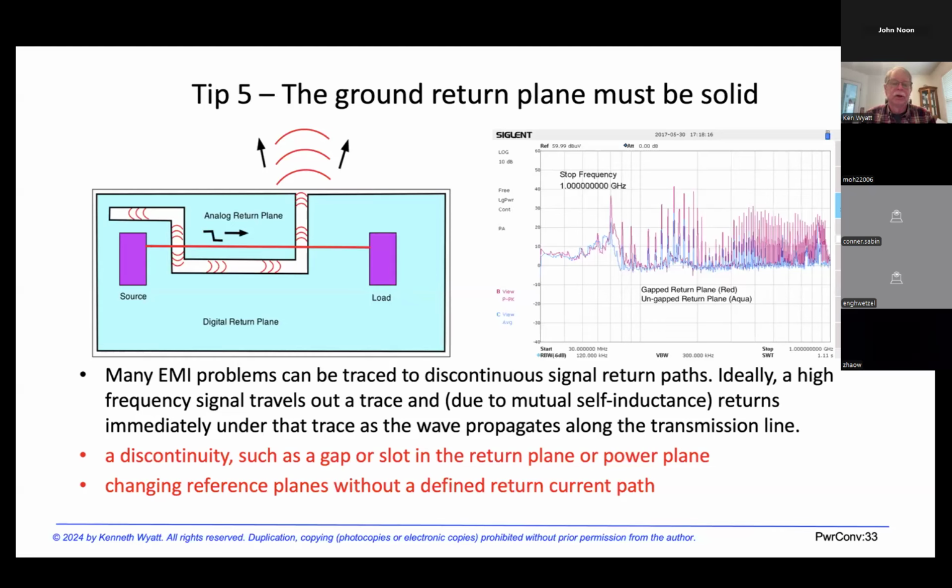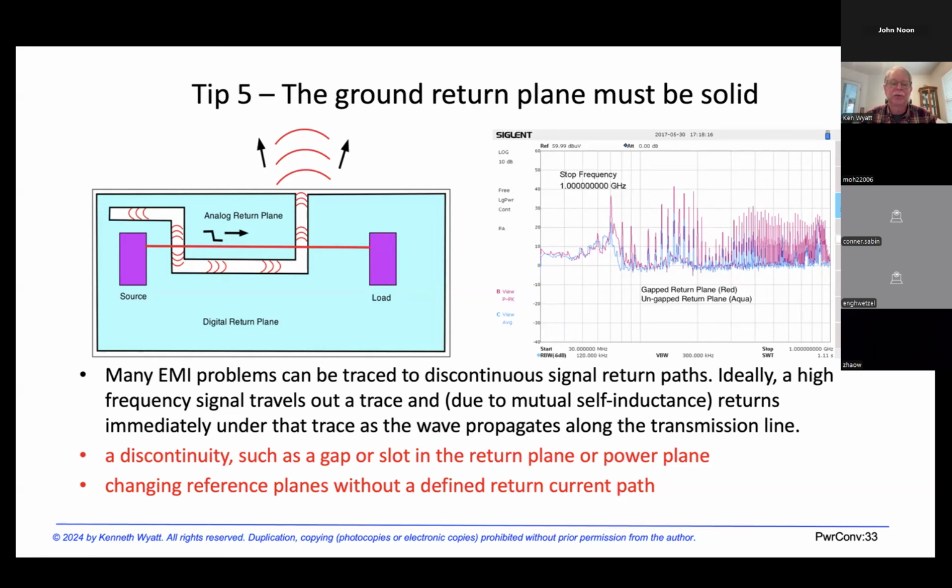So there are exceptions. Another exception might be certain Ethernet connectors. It's best to remove the ground or the return plane just underneath that connector. But I think those are the two main exceptions.